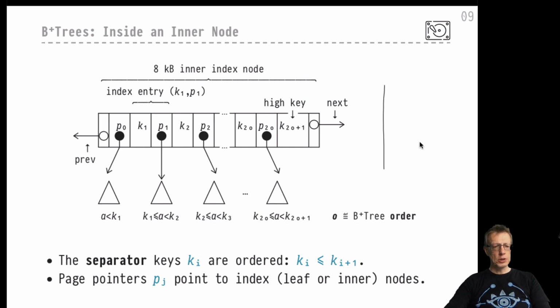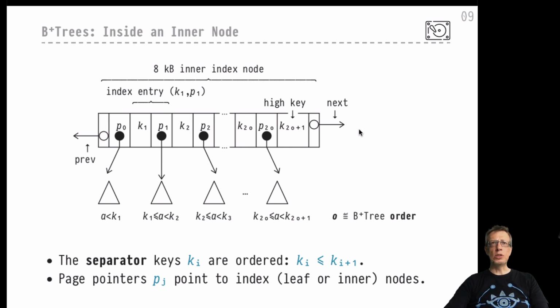All right, just mentioned in passing, also these inner nodes are connected to each other via next and previous pointers. So there is indeed a chain of inner nodes that are on the same height, on the same level inside the B+Tree.